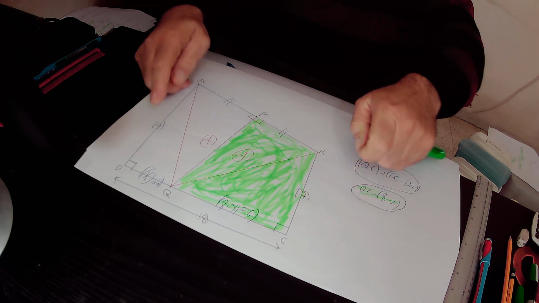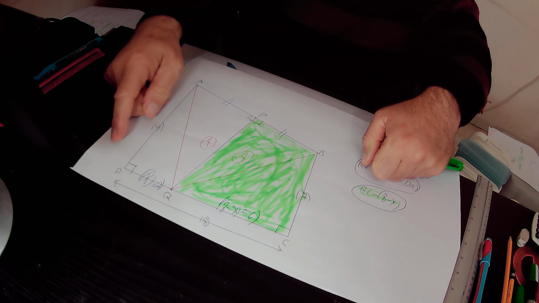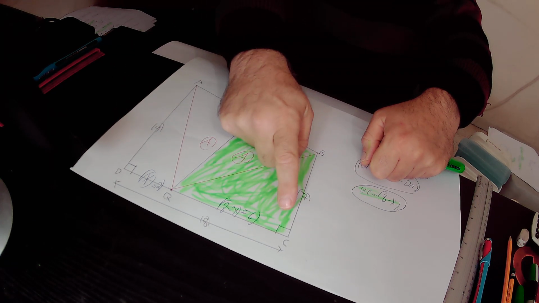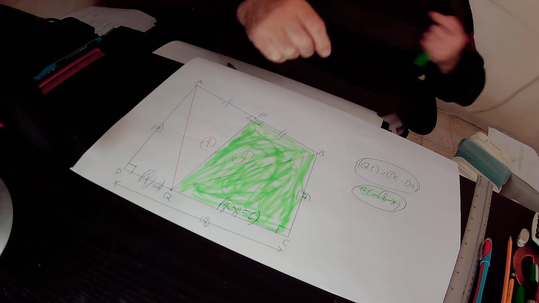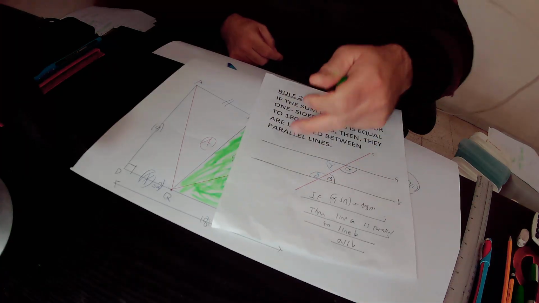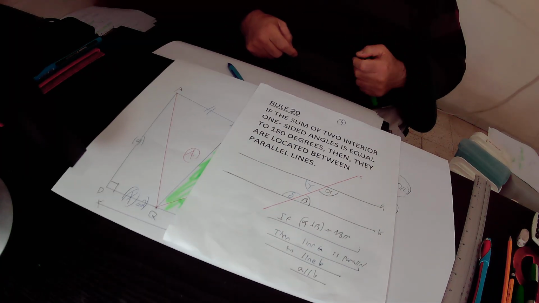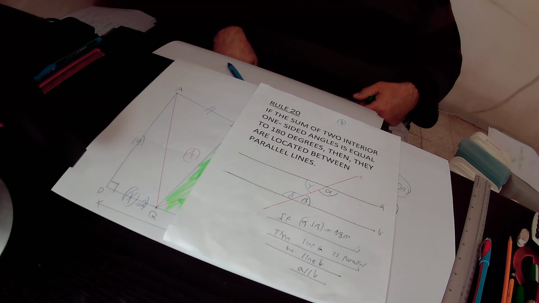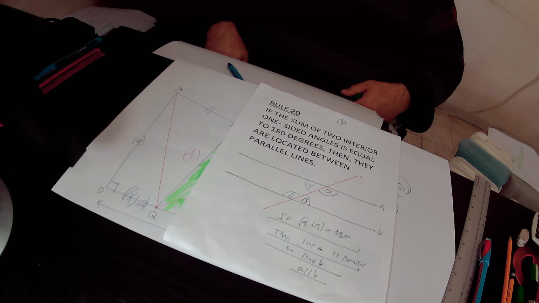That is to say, side AD is parallel to opposite side BC, according to rule 20. Rule 20 says that if the sum of two interior one-sided angles is equal to 180 degrees, then they must be located between parallel lines.